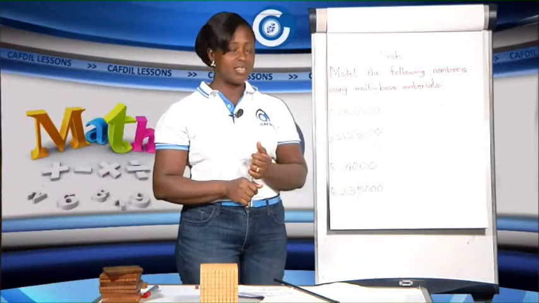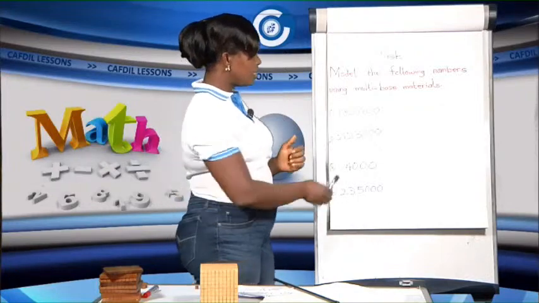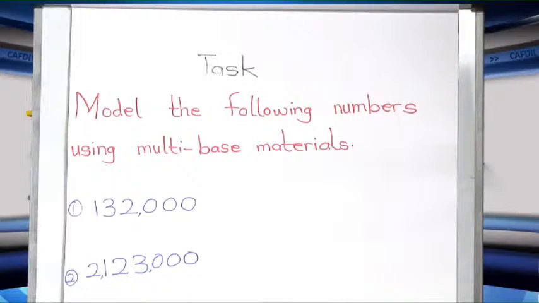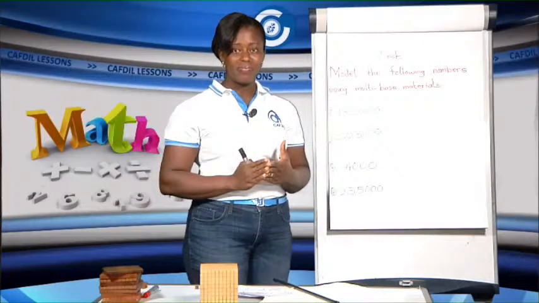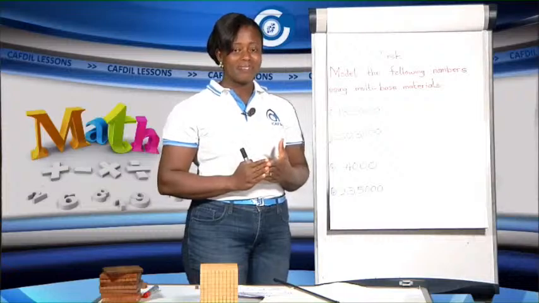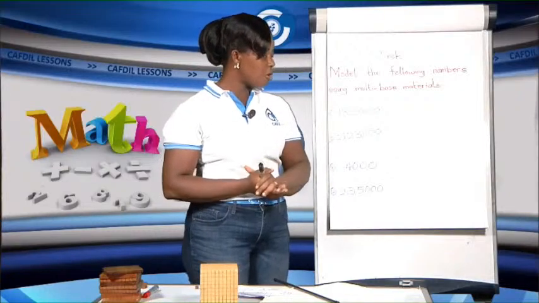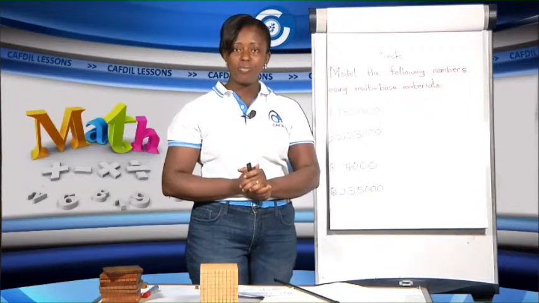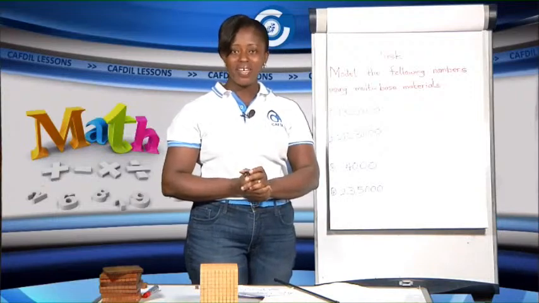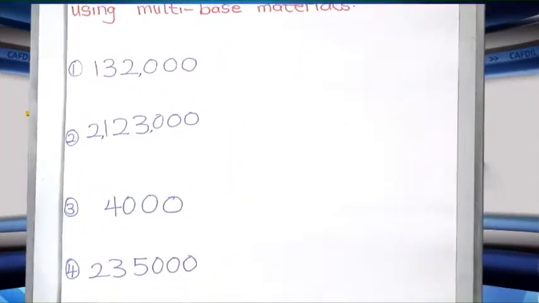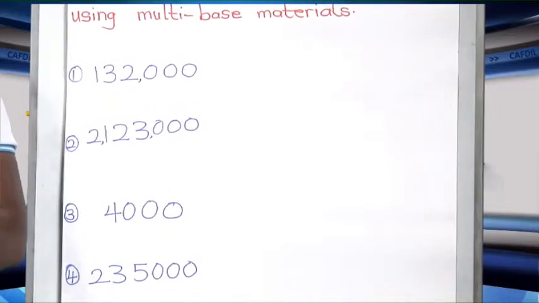Don't forget, learners. So you are going to model these numbers for me using multi-base materials. Quickly copy them into your books. I want you to practice at home and see if you'll be able to do it. And I know and believe in you that you will be able to do it.